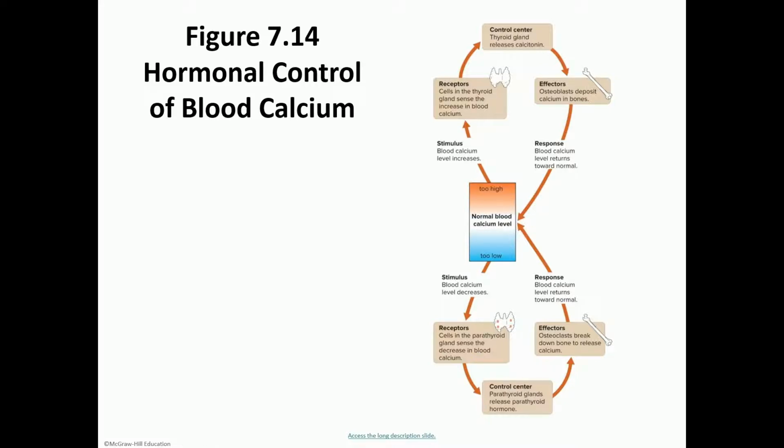That in turn will stimulate the osteoclasts to break down the bone tissue, releasing the calcium into the bloodstream, bringing the blood calcium back up to normal. So again, calcitonin activates osteoblasts, while parathyroid hormone activates osteoclasts.